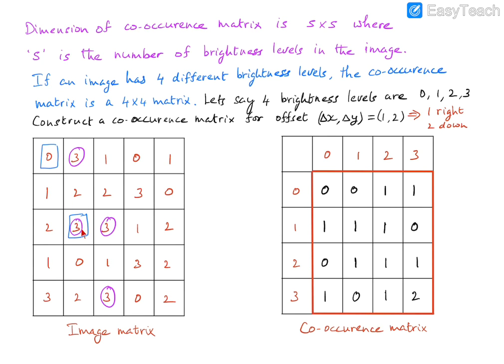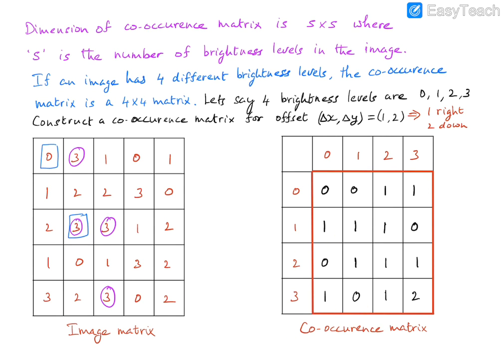At that spatial relationship, we want to count how many times we get different combinations of pixels. How many times do we get 0 and 0 in the image in that spatial relationship? How many times we get 3 and 3 in the image in that spatial relationship? How many times we get 1 and 1 in that spatial relationship? How many times we get 2 and 1 in the image in that given spatial relationship, and so on. And that is what is being computed in the co-occurrence matrix.